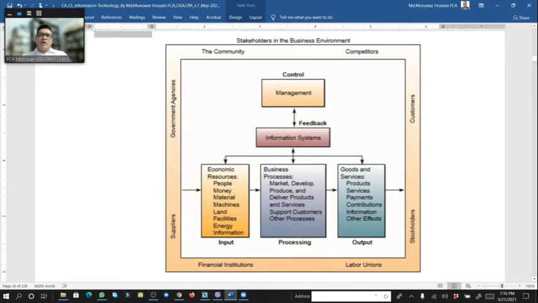So these all are the stakeholders of the business.